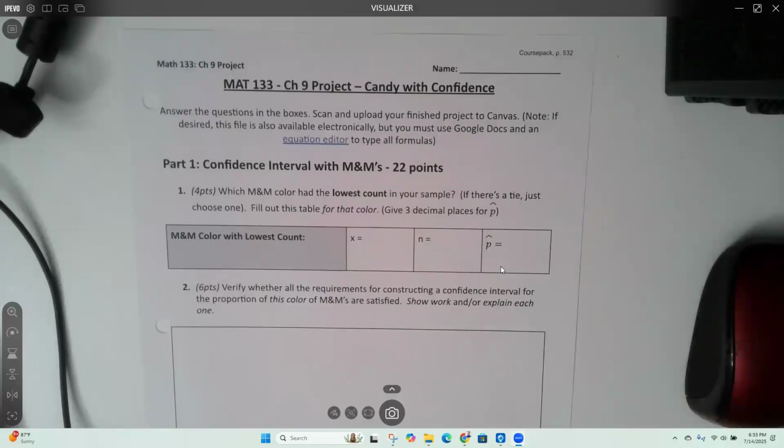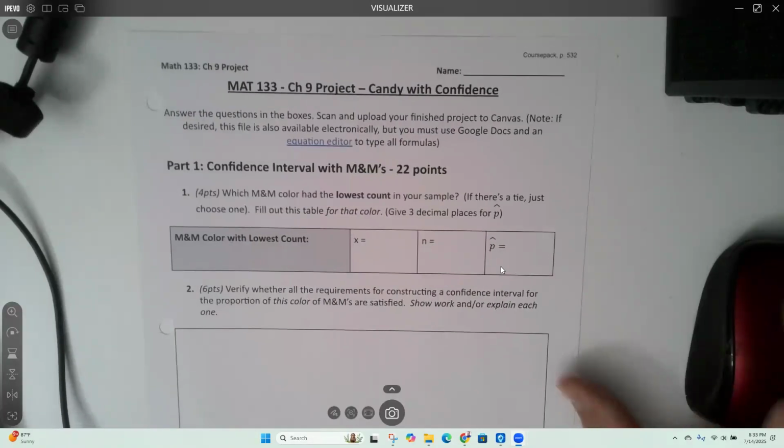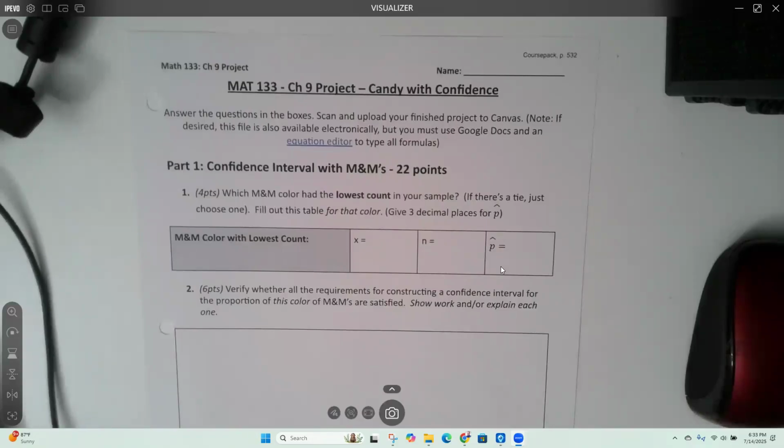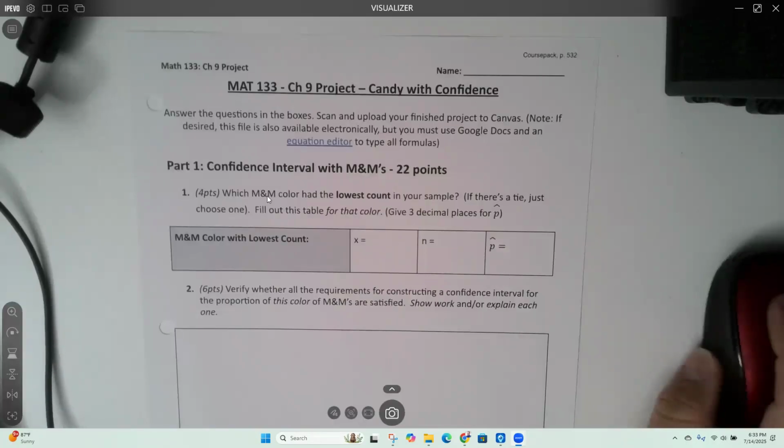Also, for this project, you're going to need the information that you gathered last time when we talked about candy. We did M&Ms and Skittles, and we did some counts. Our candy's gone, but it's fine if your candy all got eaten, we're just going to need the counts.